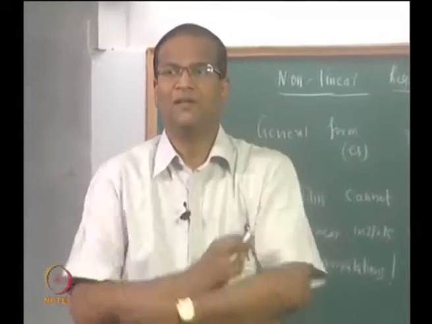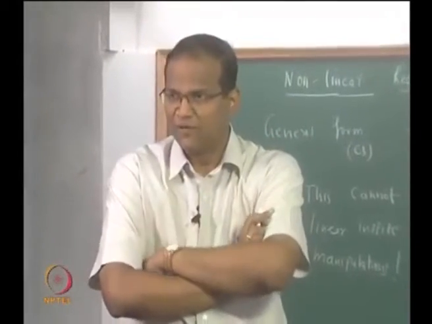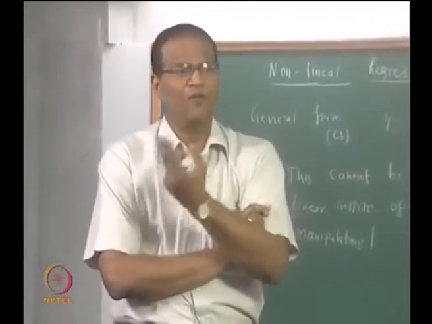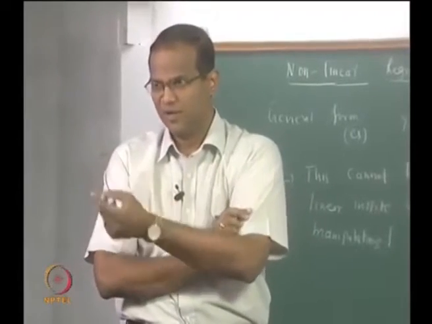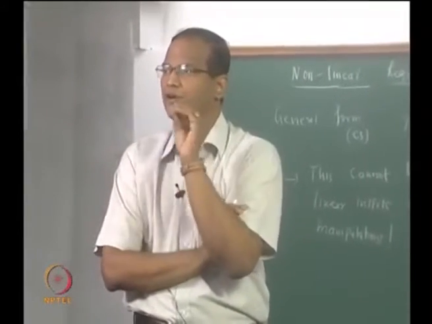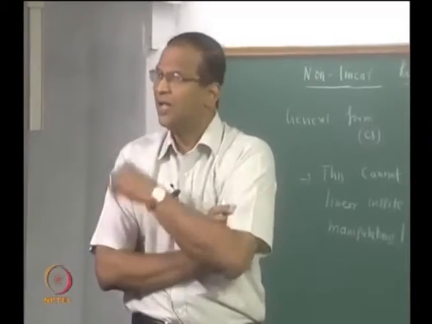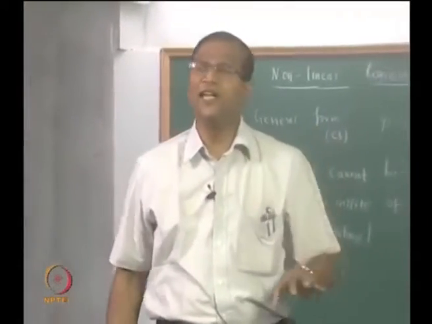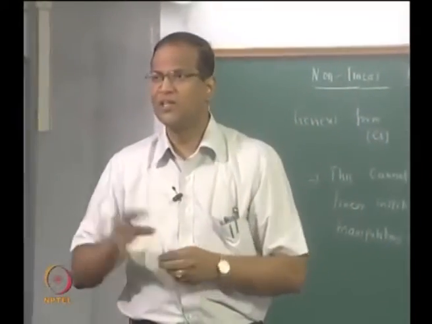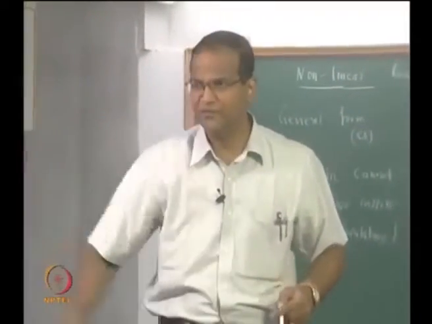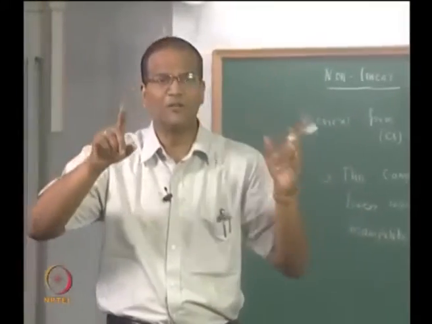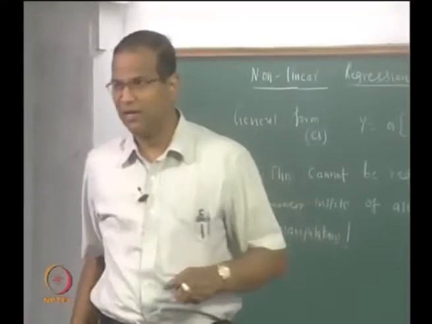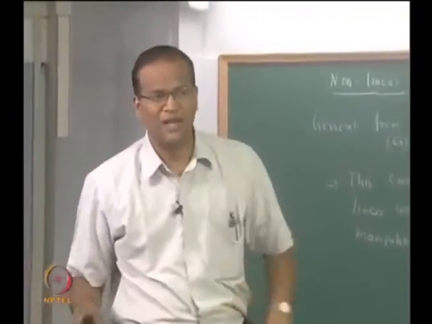What does it mean? If I happen to get a function f of xi for which the parameters a, b are known, if you insert the values of a, b and substitute the value of xi, I will get a value of f of xi. But that value of f of xi need not agree with the y data, because after all f of xi is a form which I am fitting. So the difference between yi minus f of xi with the best values of a and b will result in some error which is called ei.